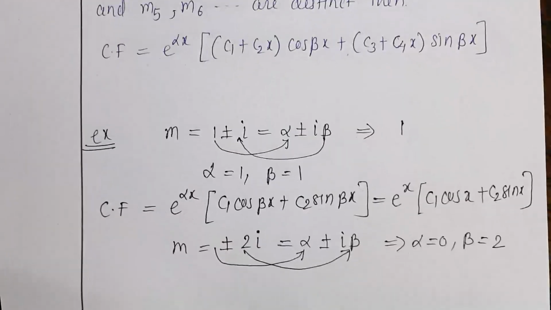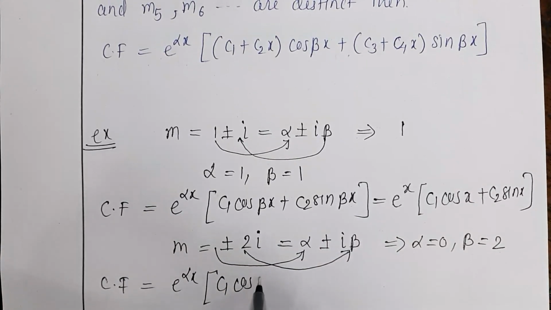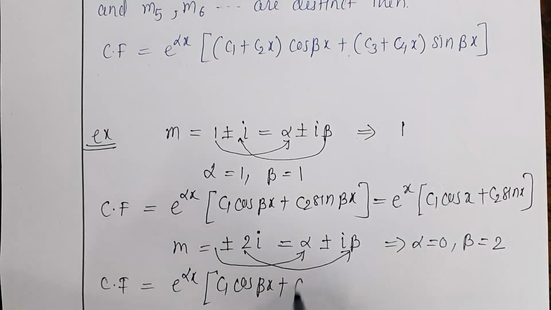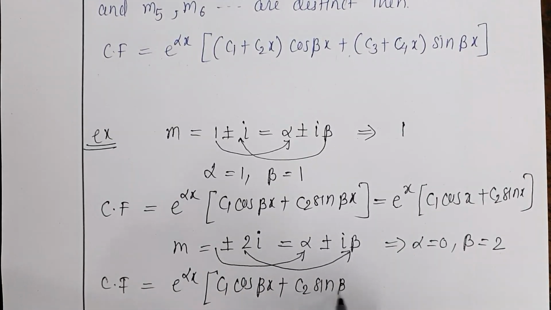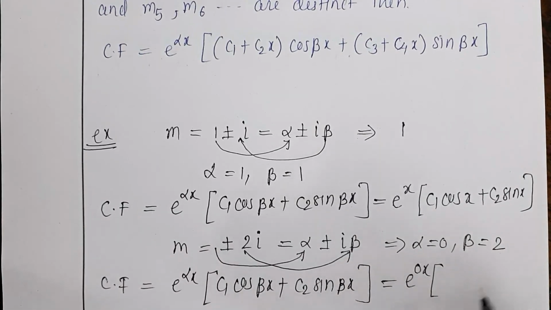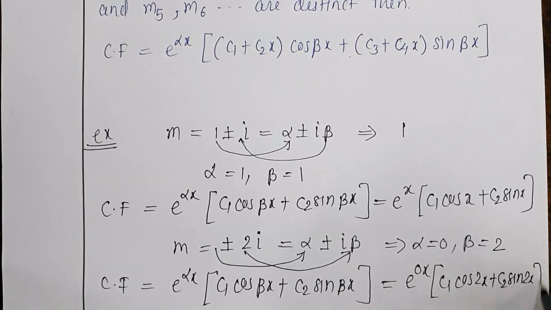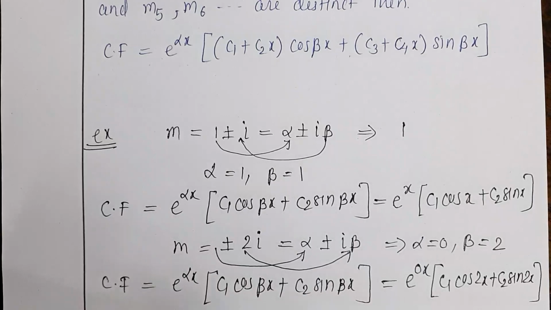So again, how to write CF? CF in general is e to the power alpha x (c1 cos beta x plus c2 sin beta x), which is equal to e to the power 0x (c1 cos of 2x plus c2 sin of 2x). Now e to the power 0x means 1.